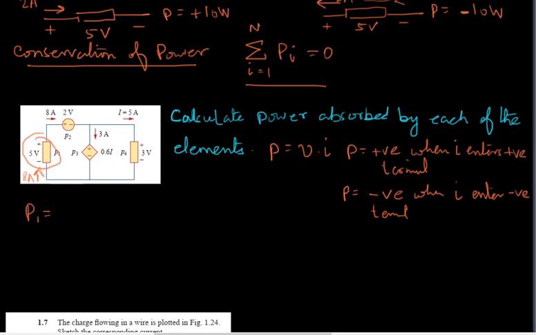So the power P1 is given over here. P1 is minus, because the current is entering the negative terminal, and the power formula gives 5 volts times 8 amperes. 5 times 8 is minus 40 watts, which means that even though it's not shown over here, this element is not a resistor.